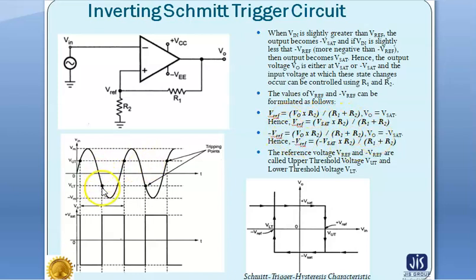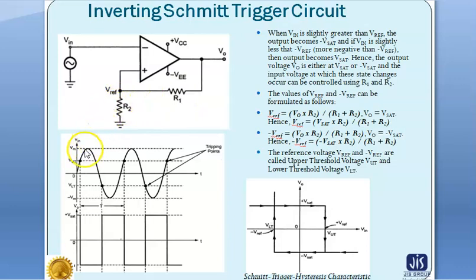So when the input voltage is less than this lower threshold point, the output changes from the low value minus Vsat to plus Vsat. Again the reference voltage changes from the previous value, that is plus Vsat by R1 plus R2 into R2.